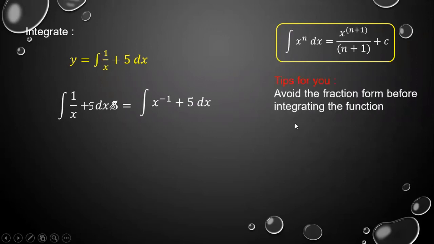Tips for you, avoid the fraction form before integrating the function. So means, by using the formula, x to the power minus 1 plus 1 over minus 1 plus 1, plus 5x plus c.